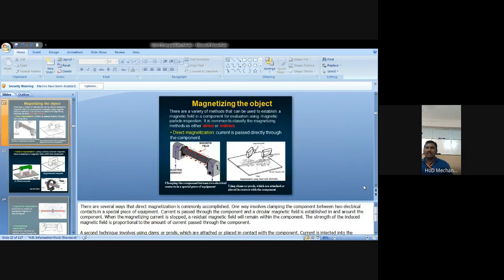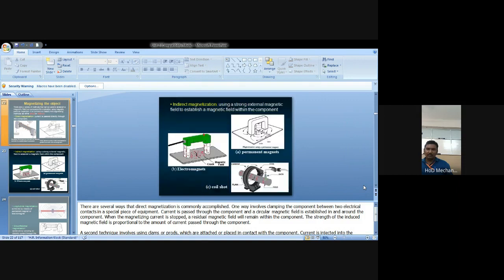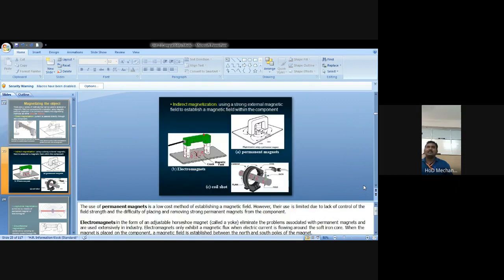The first one is direct magnetization, where the current is directly passed through the specimen you have to test. The second one is indirect magnetization, where the current carrying conductor, that means the electromagnetic field created by the clamp, will be placed on the testing specimen you have to test.